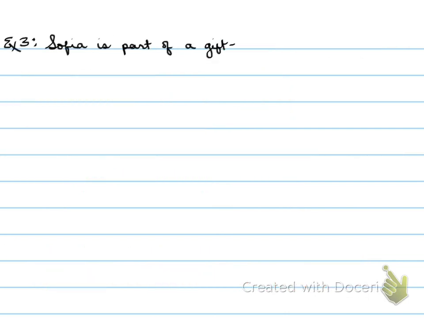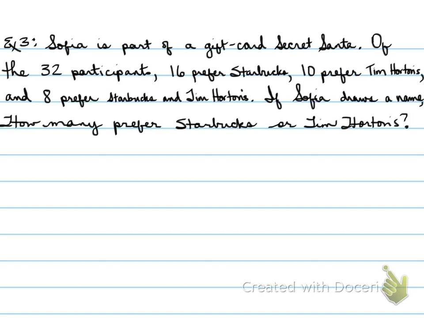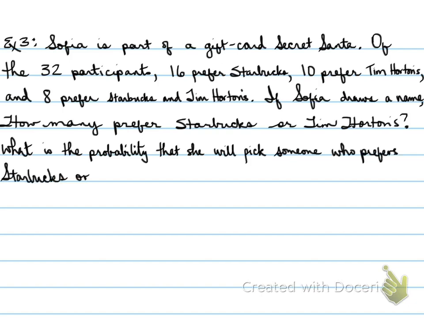Example number 3. Sophia is part of a gift card Secret Santa. Of the 32 participants, 16 prefer Starbucks, 10 prefer Tim Hortons, and 8 prefer Starbucks and Tim Hortons. If Sophia draws a name, how many prefer Starbucks or Tim Hortons? All right, now, what is the probability that she will pick someone who prefers Starbucks or Tim Hortons?